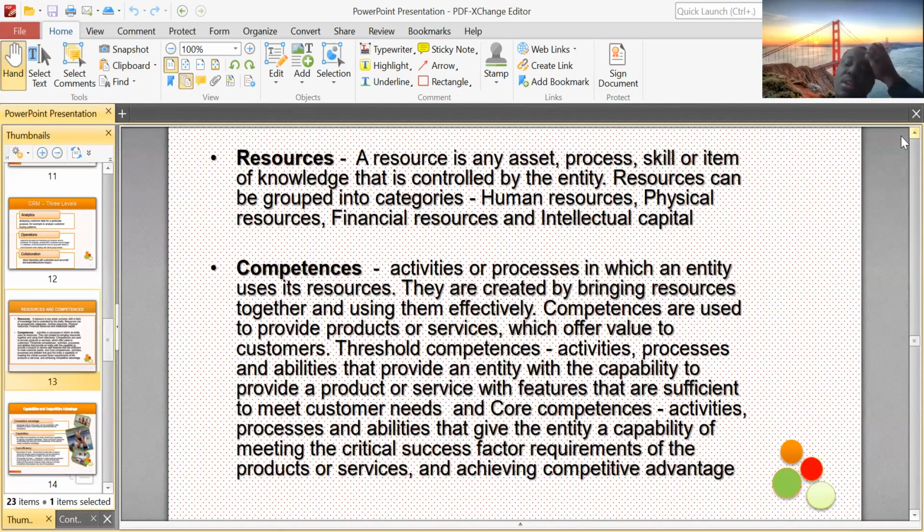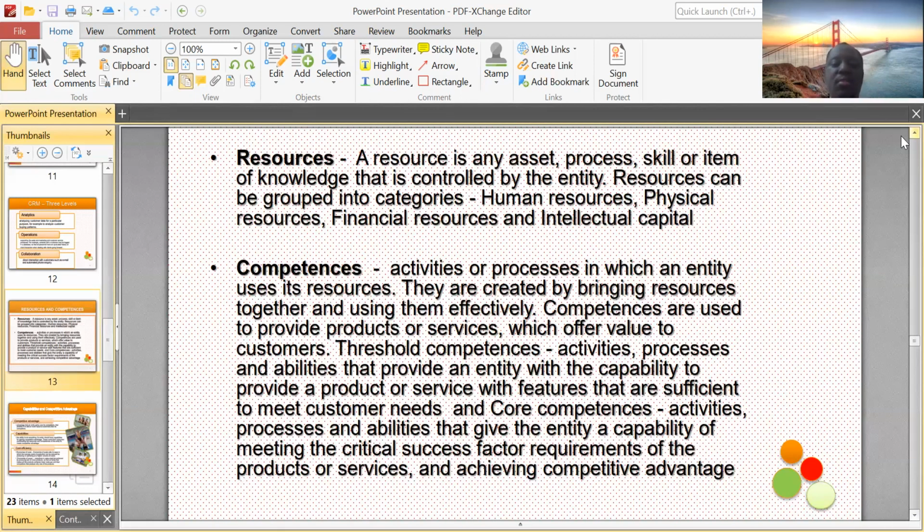So you are talking about a base or a minimum standard. Here you are just doing okay with your product features. It's just the minimum expectation. So the keyword is sufficient to meet customers' need.